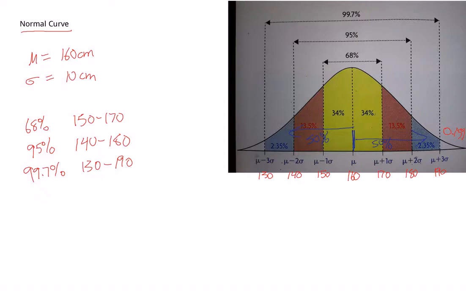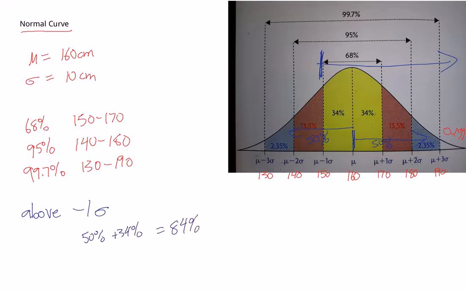So let's try one asking what is the percent above -1 standard deviations. In this case, we're going from the -1 line and we want everything above. We already know that the top half, from the mean up, is 50%, then all we got to do is add on the yellow box of 34.